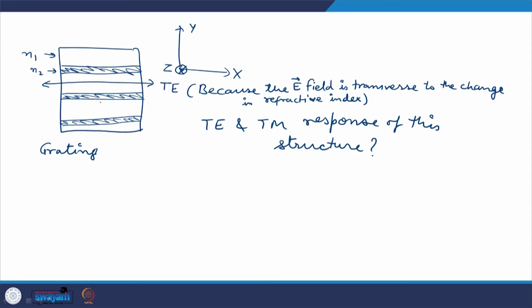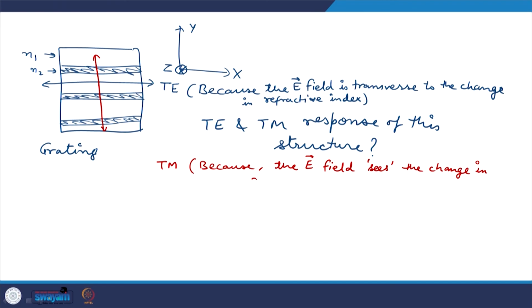And suppose you have this kind of polarization. So it is TM, because the E field sees the change in refractive index.